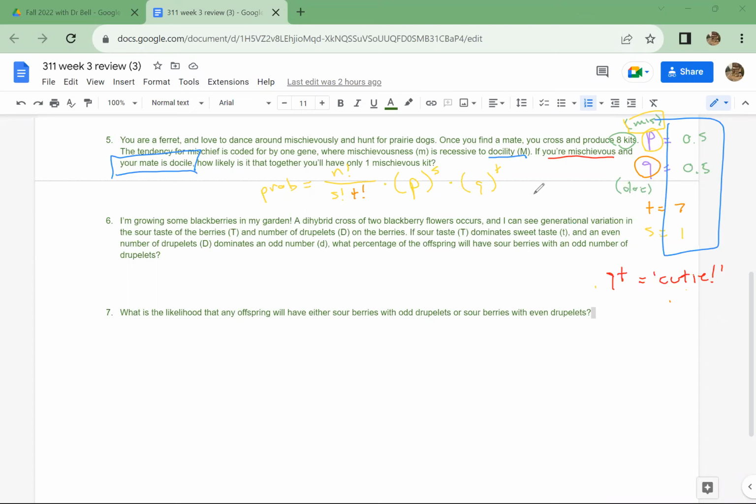I also did the math for that earlier, and I don't want to retype it into my calculator. Oh yeah, so n is 8.